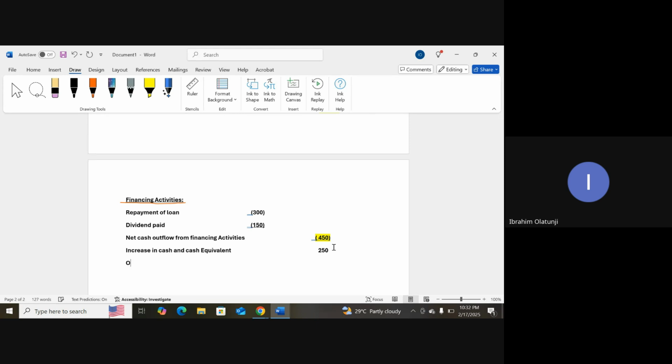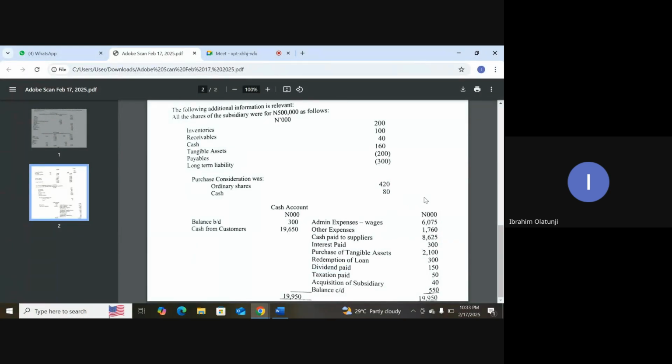Then after that, I would say add opening balance of cash and cash equivalent. What makes your cash and cash equivalent opening balance is actually from your balance sheet.